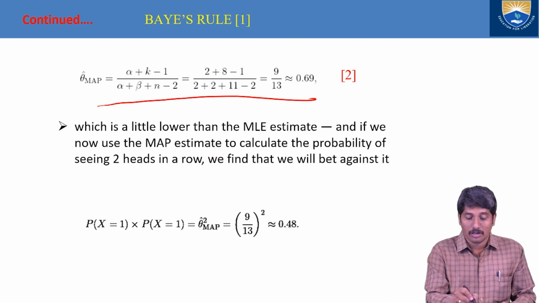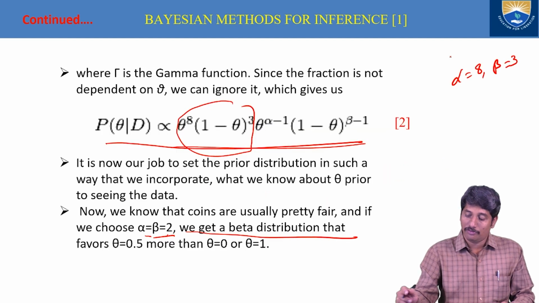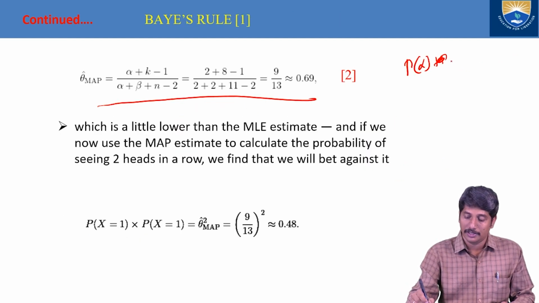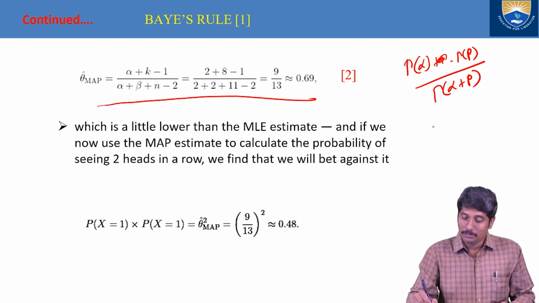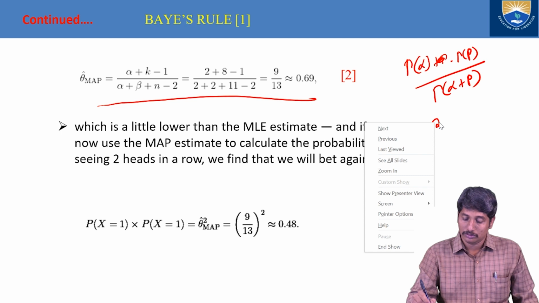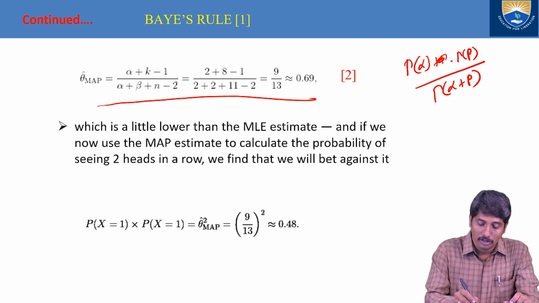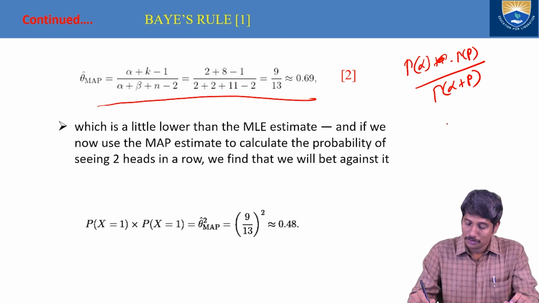See here, gamma of alpha plus beta by gamma of alpha into gamma of beta. That means alpha is getting 2 heads, and already we got 8 heads.